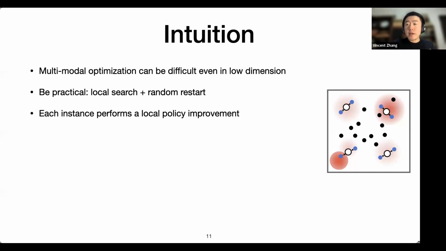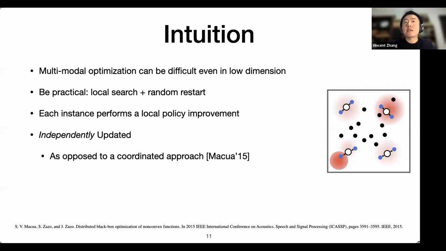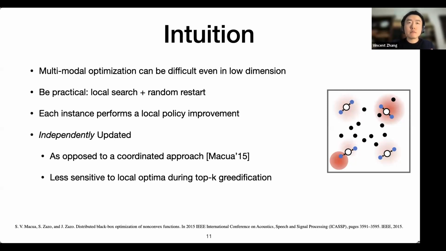Then we aggregate the information by a simple argmax. Now, they are independently updated, in contrast to some previous approaches that do a coordinated update. And the benefit of updating them independently is that they are less sensitive to local optima during this top K reunification. We're going to see that in action in a motivating example.